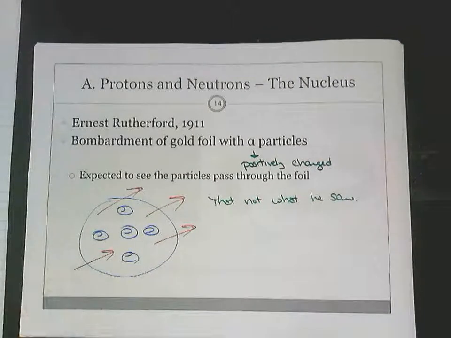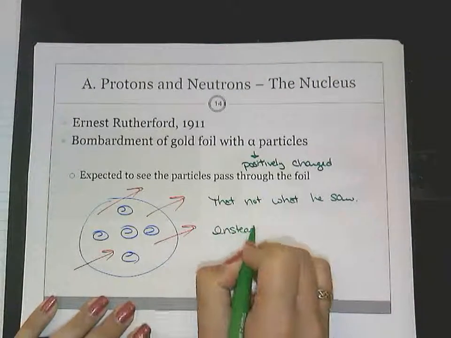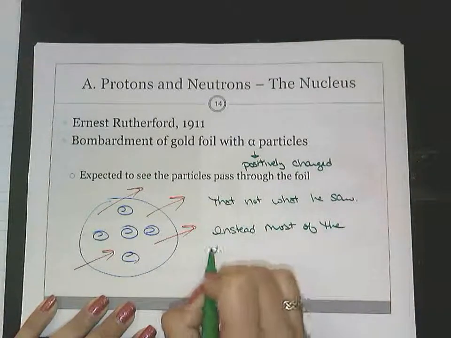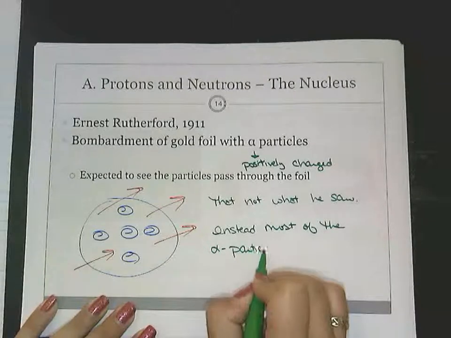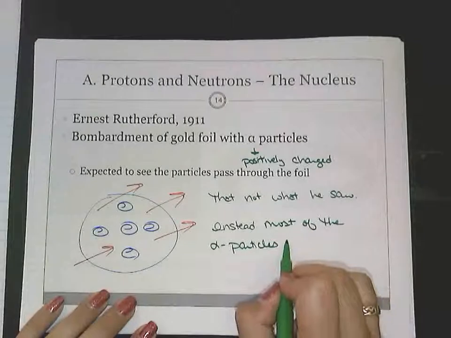That's not what he saw, which is why we don't use the Thomson model anymore. Instead, most of the alpha particles went through.